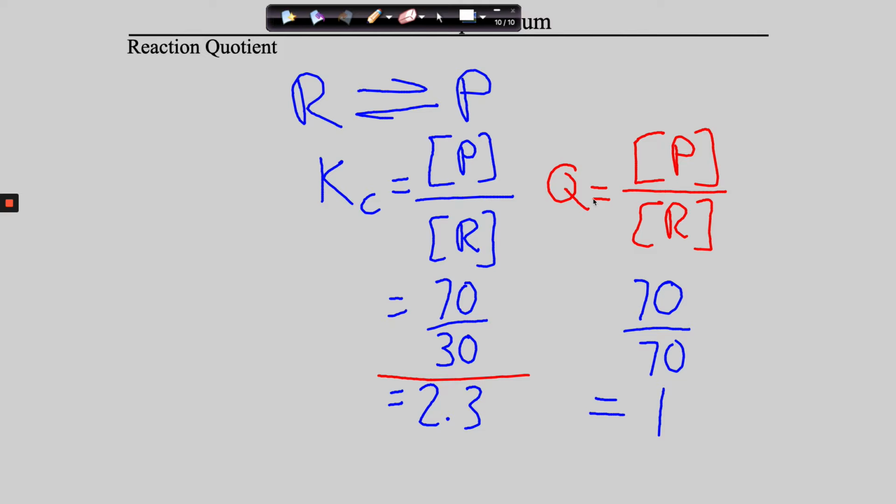Let that sit in. What is Q? Q is Kc at non-equilibrium conditions. So guys, watch. Is this at equilibrium? No, how do you know? Because it's not 70-30. So this is not at equilibrium, we can't call it Kc because it's not the equilibrium concentration ratio. We now call it Q.